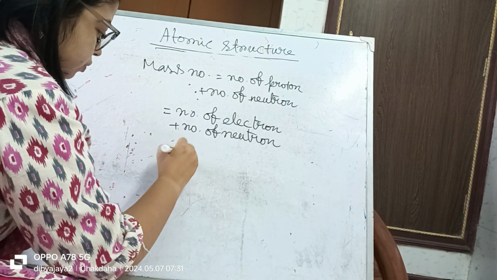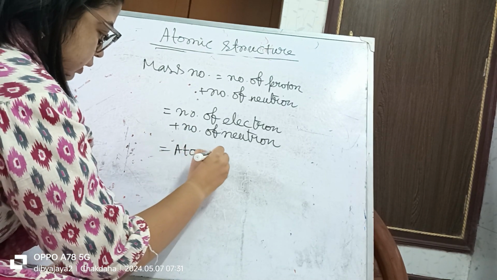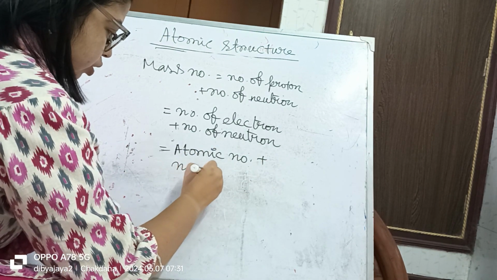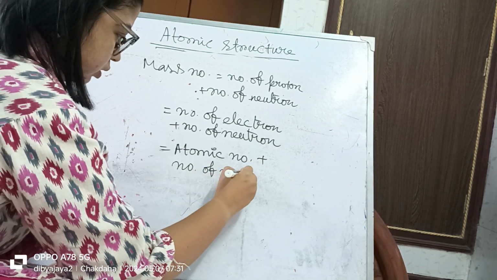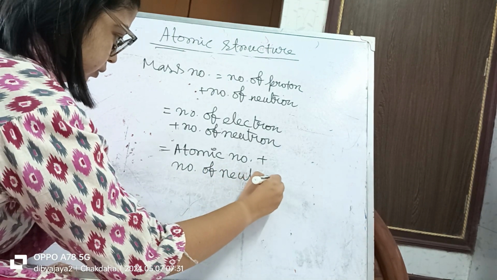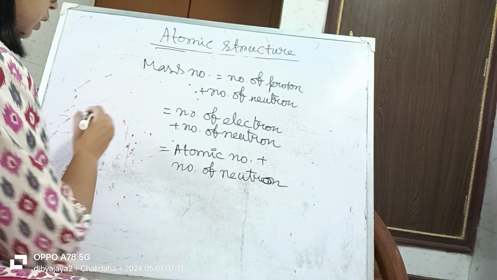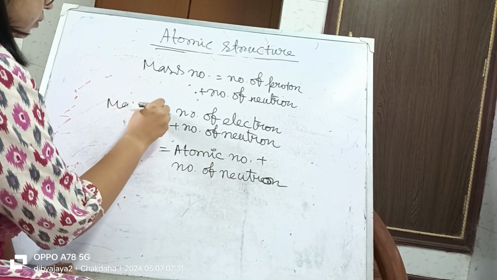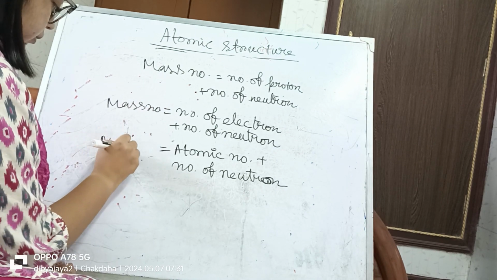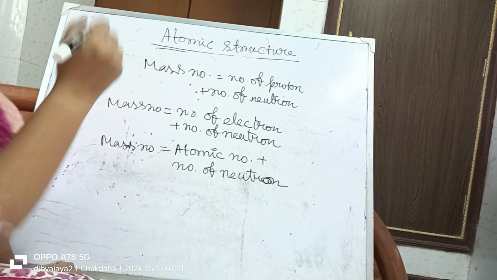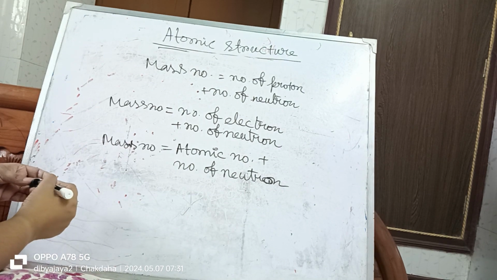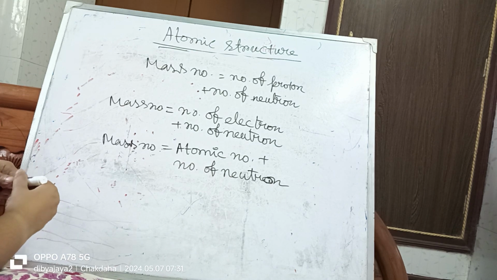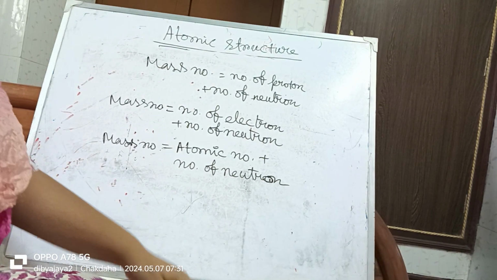So this one is atomic number plus number of neutrons. This one is the mass number. Note down this relationship. I will check your copies when school reopens, so be careful.